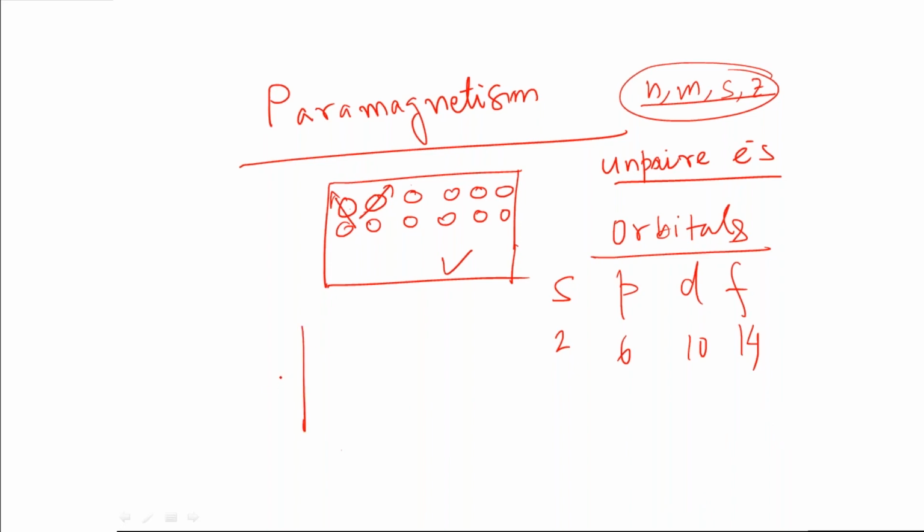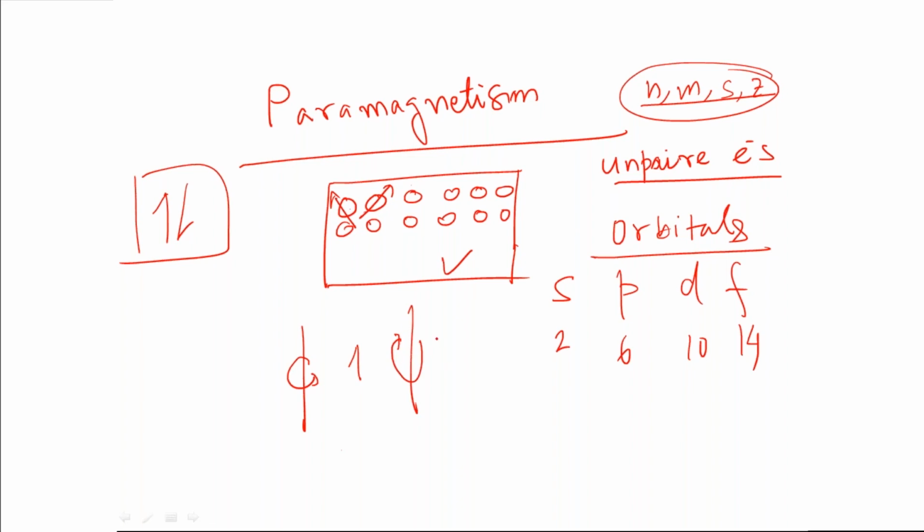So what happens? You have unpaired electrons in your materials. You might be thinking that if this is arising from unpaired spin, what would happen if the spins are paired? See, electron spin, there are the up and down spin, right? We say up spin and down spin.